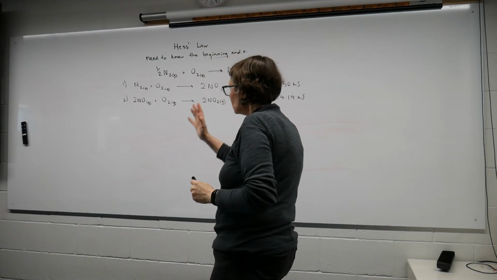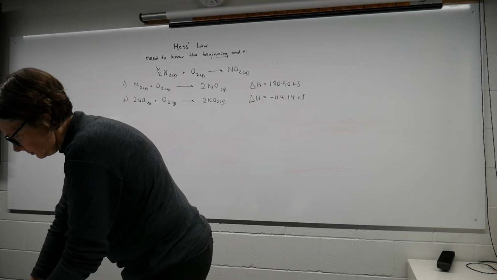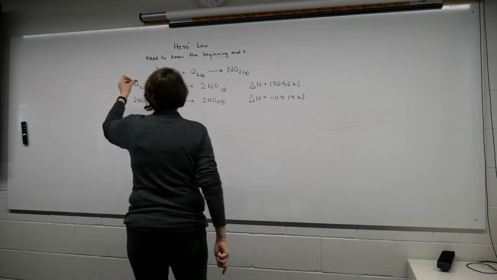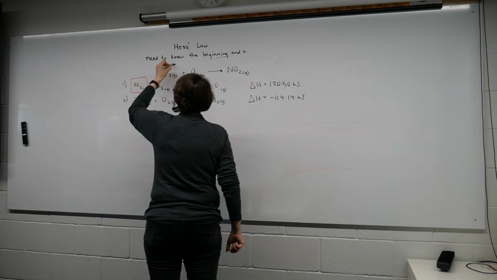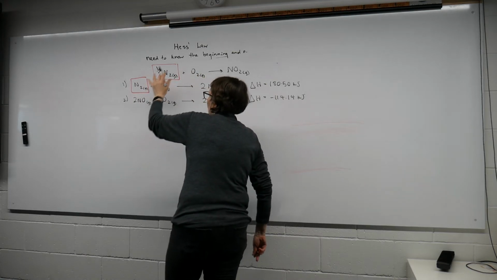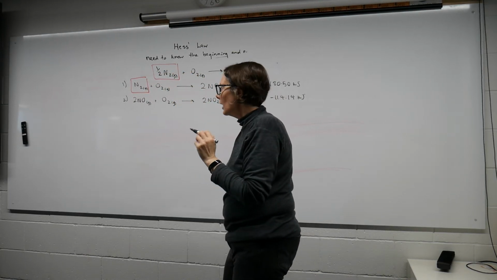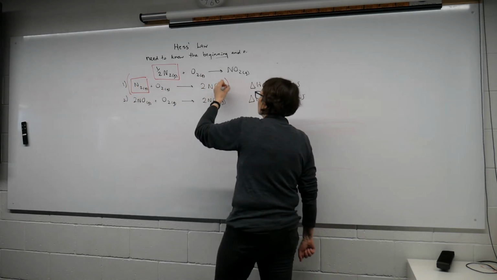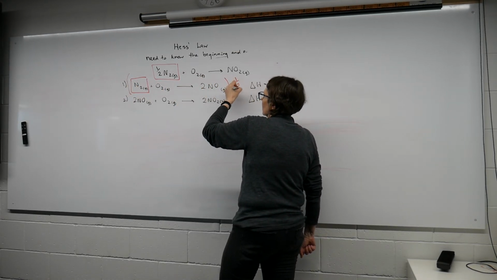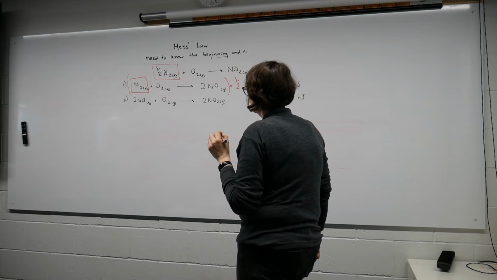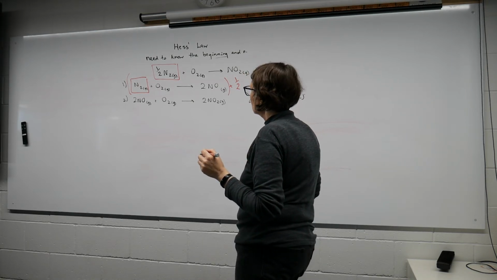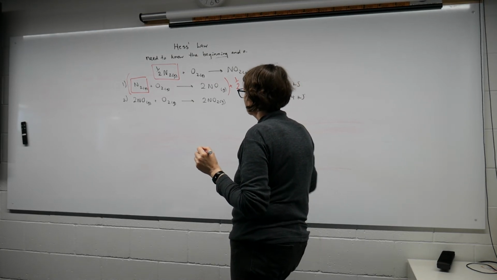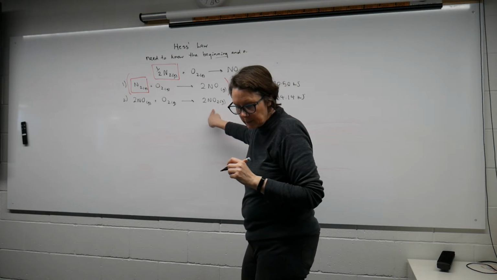Alright. Same thing as before, identify ones that match up. So the nitrogens obviously match here and here. But in an equation we're trying to make, it's half the mole, so we can multiply this by a half. And we want nitrogen dioxide as our product, which we have here.